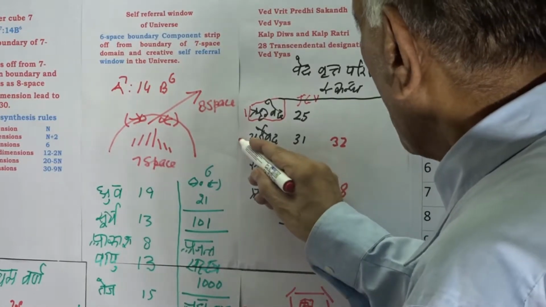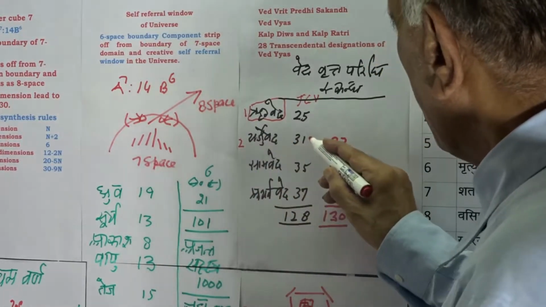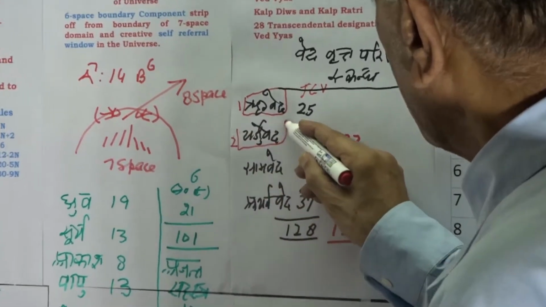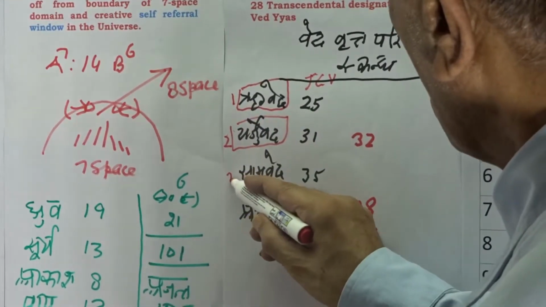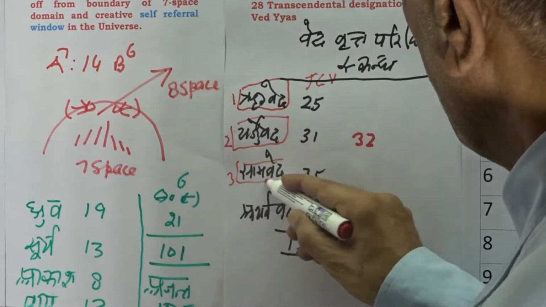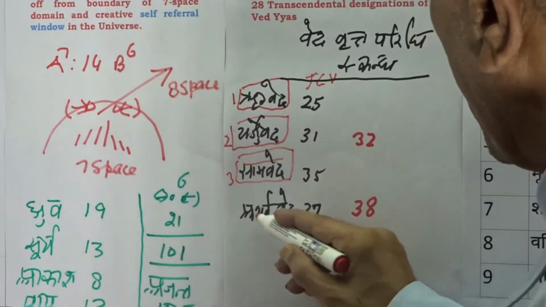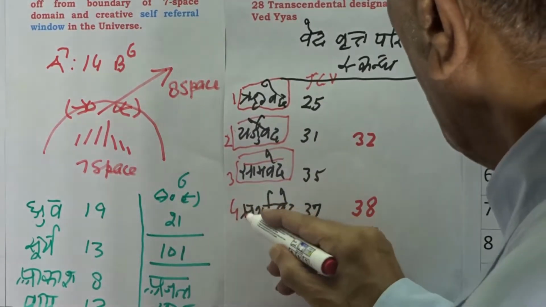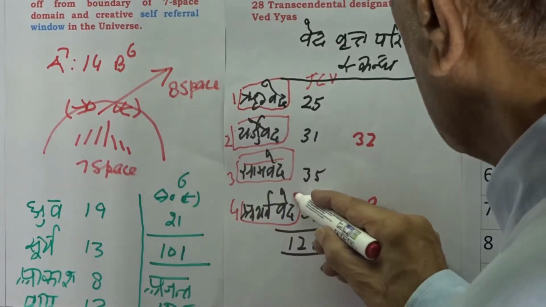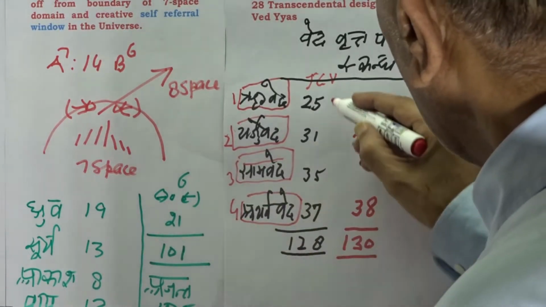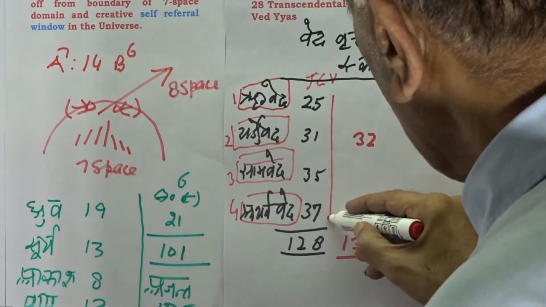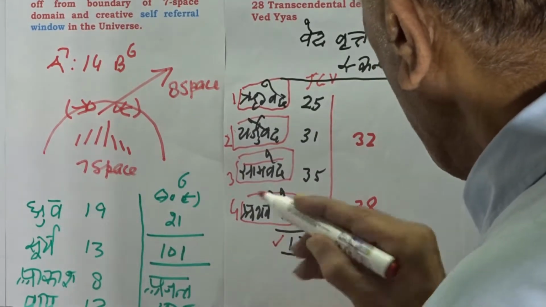The second formulation, Yajurveda, is giving us a TCV value 31. Third formulation, Samveda, is giving us TCV value 35. Fourth formulation, Atharveda, is giving us value 37. It leads to the summation value 128.